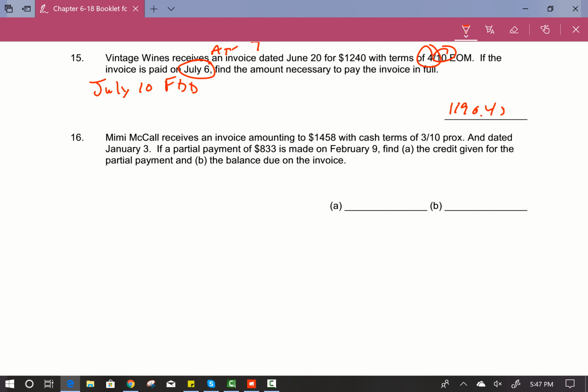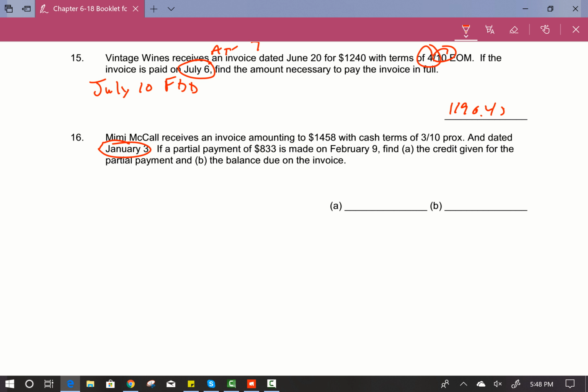Then finally, Mimi McCall receives an invoice amounting to $14.58 with cash terms of a 3% discount if taken within 10 days proximo or the end of the month, and dated January 3rd. If a partial payment of $8.33 is made on February 9th, find the credit that we're going to apply to that partial payment and then the balance due on the invoice that doesn't receive any type of discount. So first of all, I want to make sure that we're paying it within the specified deadline.